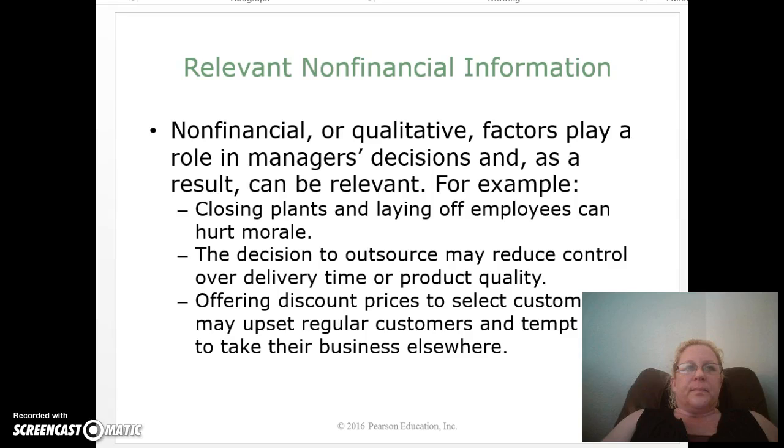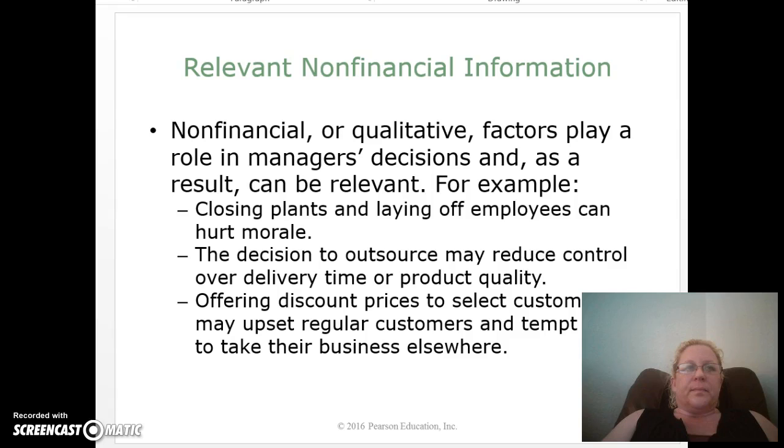When making decisions, managers should consider both financial or quantitative information and non-financial or qualitative information. Non-financial or qualitative factors also play a role in managers' decisions and as a result can be relevant. For example, closing manufacturing plants and laying off employees can seriously hurt employee morale.